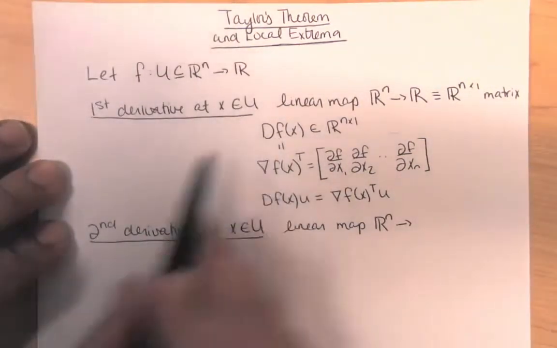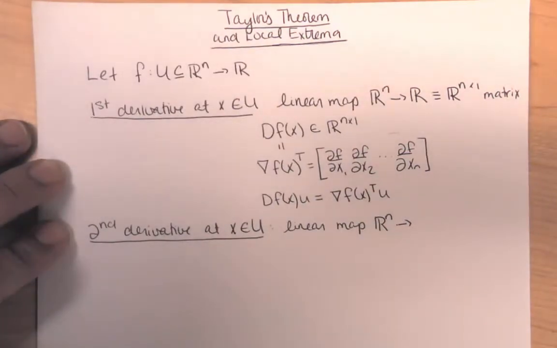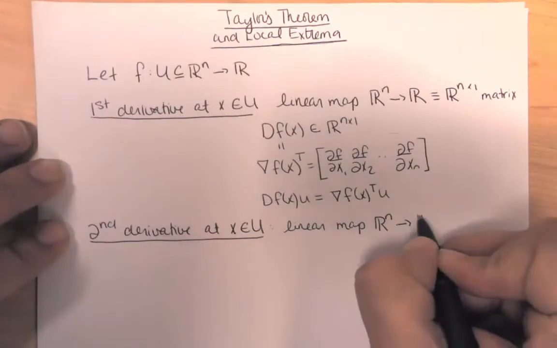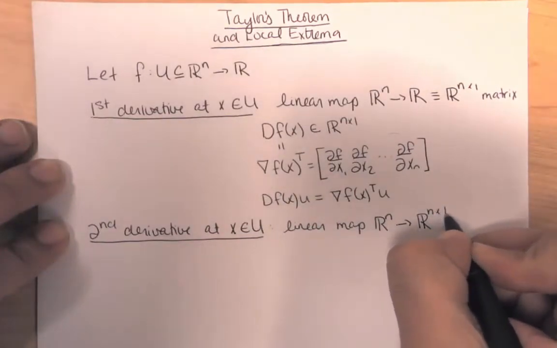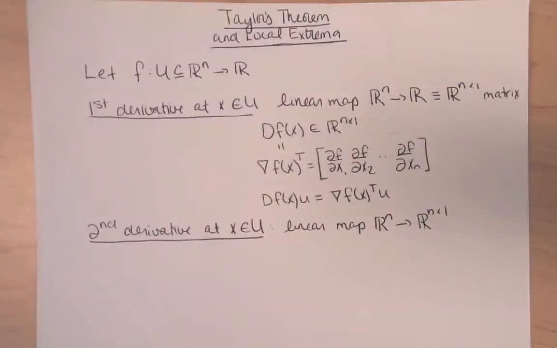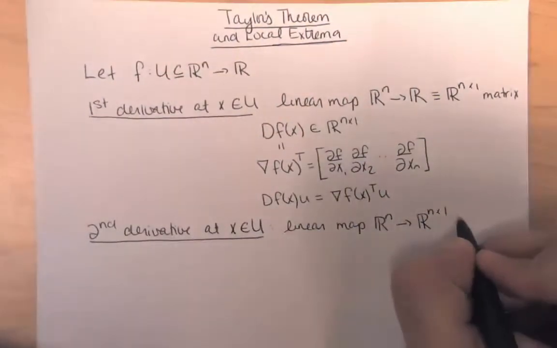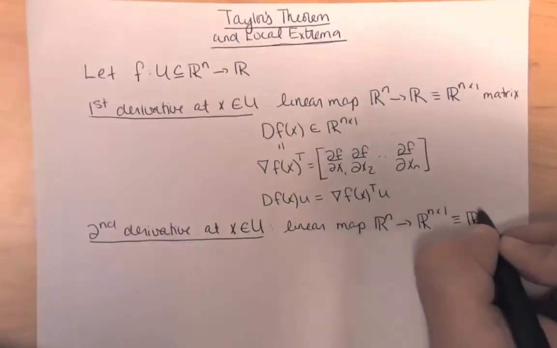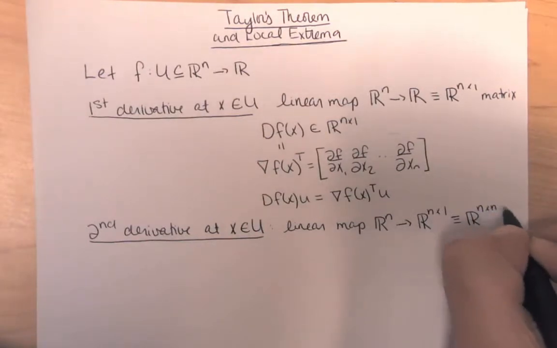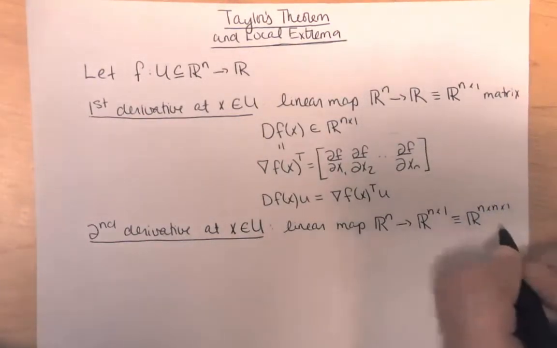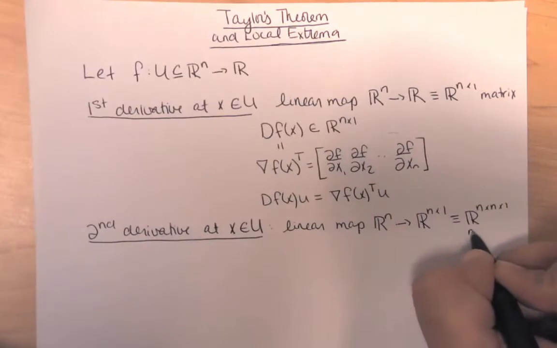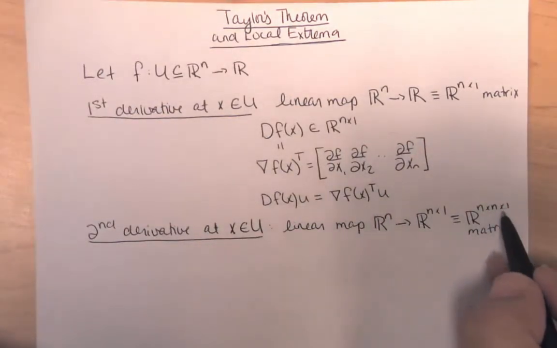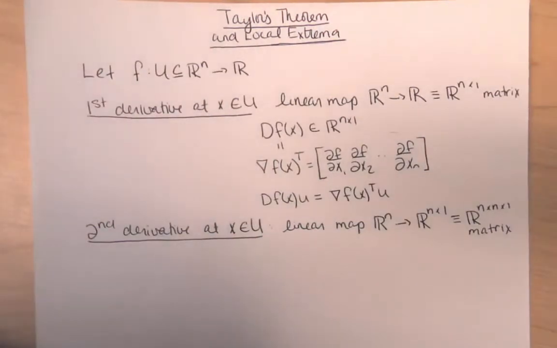And of course, df for each x is an Rn by 1 matrix. And of course, we could say that this is equivalent to an Rn by 1 matrix. Of course, n by 1 just means an n by n matrix.